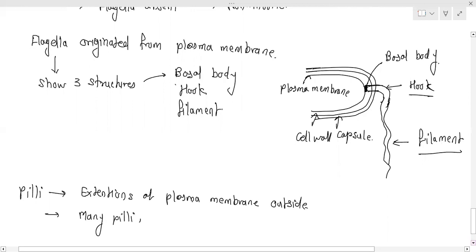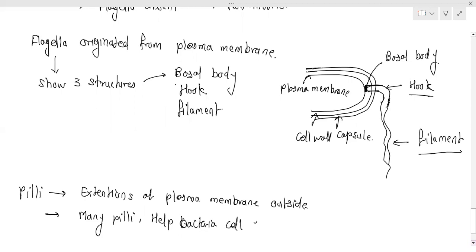And what do they do? They help the bacterial cell attach to surfaces, for attachment. Understanding?